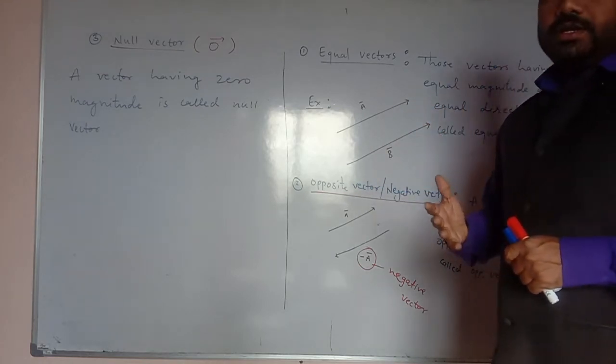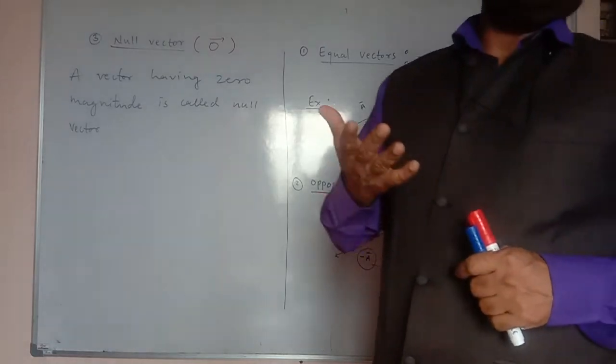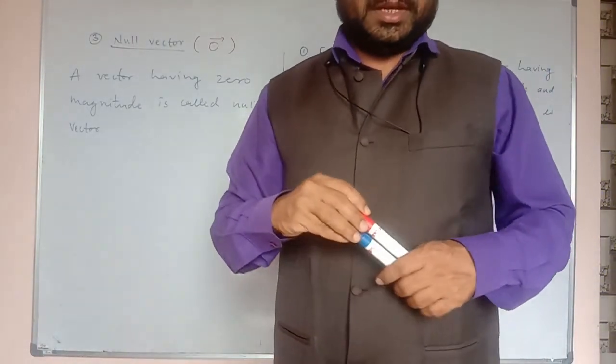Similarly, co-initial and collinear vectors are also there.